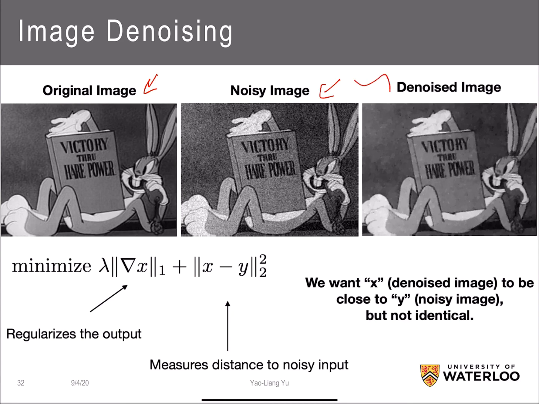This is one recovery here, and this can be written as an optimization problem where y is the image that's given to you, and you want to find a denoised image x. This term here measures the closeness between the input and the denoised version. And this is the regularization, where we want the denoised image to have certain properties. And how do we solve this problem? You can actually solve this using an optimal algorithm, as we'll see.